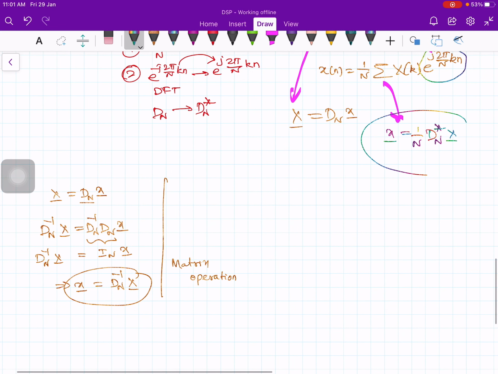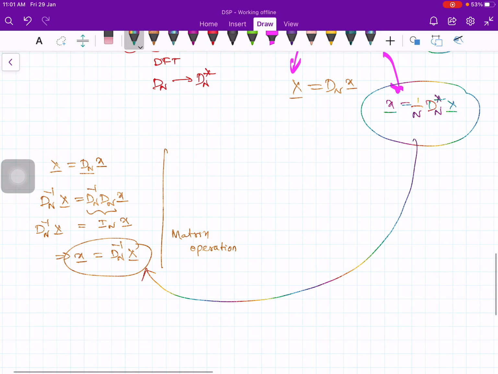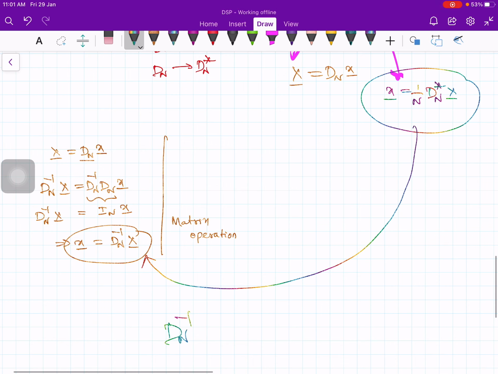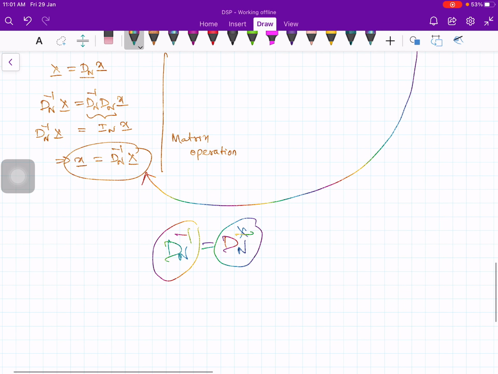Compare this and this, both must be equal. Therefore dn inverse is the same as dn complex conjugate. So no need to take the inverse matrix, you simply take the complex conjugate of every element in the matrix. Therefore it follows that dn inverse is nothing but dn complex conjugate.